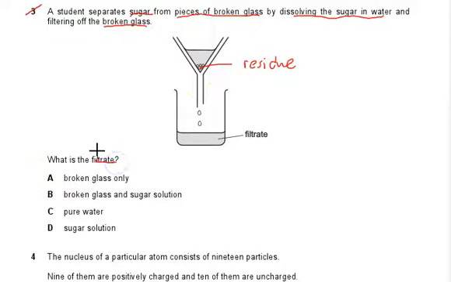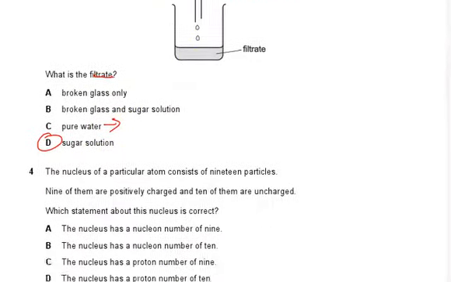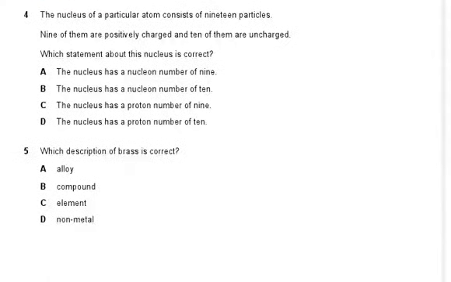So filtrate only contains the sugar solution. If you want to have pure water, then you have to do at least a simple distillation process. Okay, same like a salt water. Now we move on with question number 4.